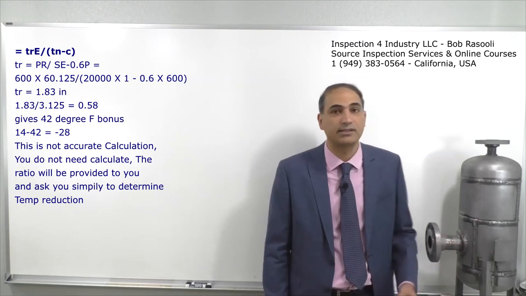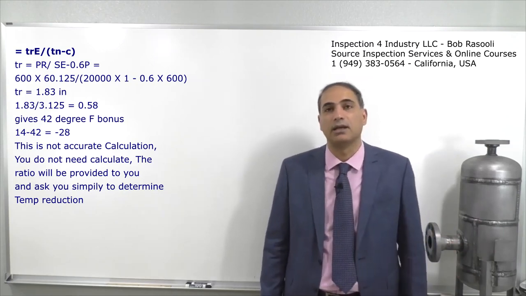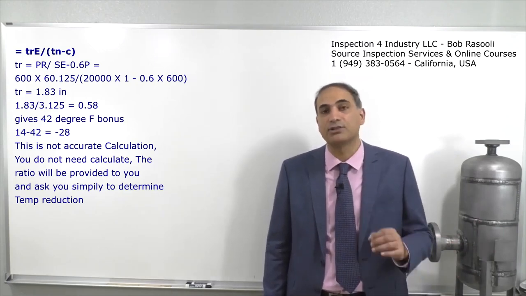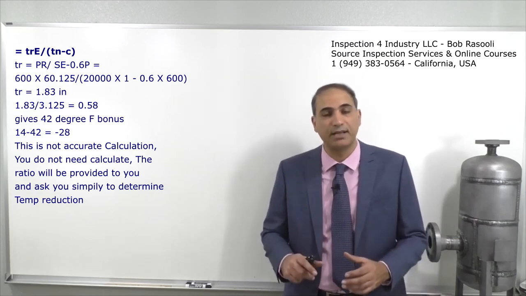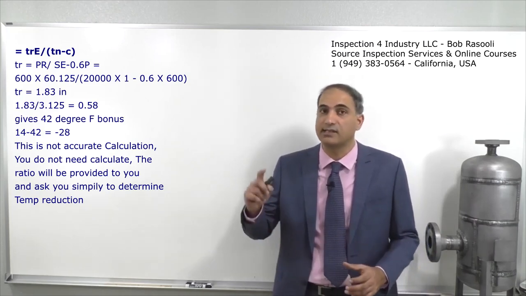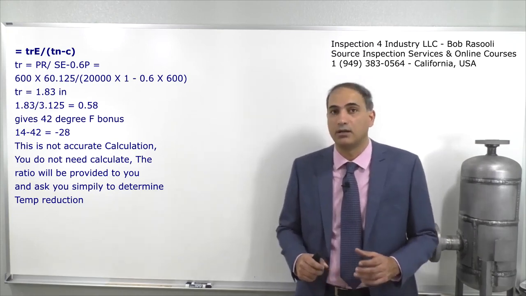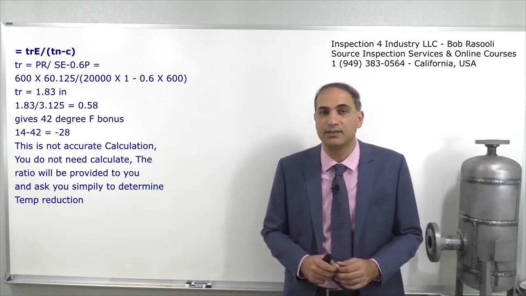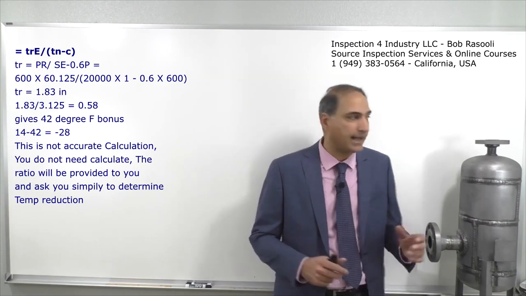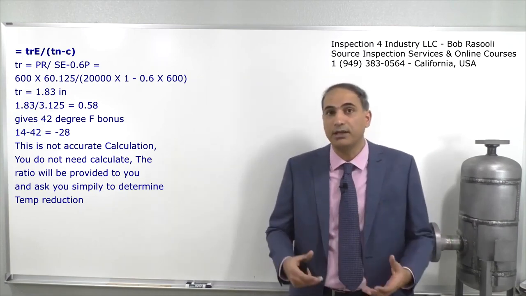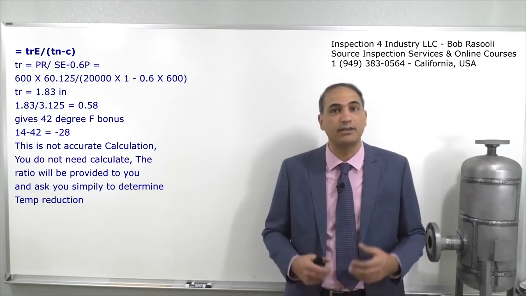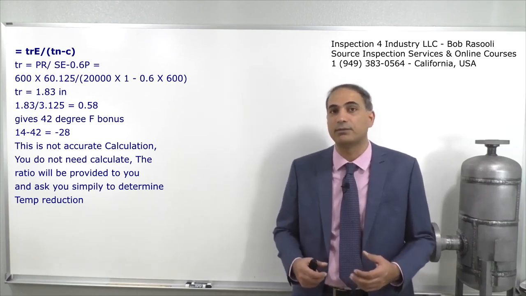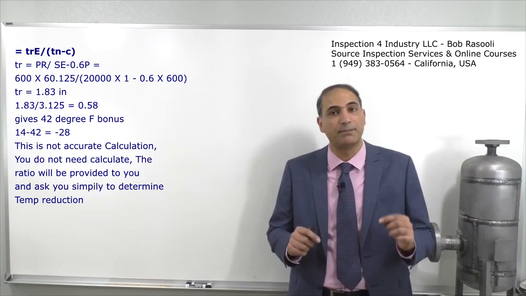Our allowable stress is 20,000 psi. So 18,100 psi was the allowable stress at 700 degrees Fahrenheit, which we read from ASME Section II Part D. But at room temperature or minus 30 degrees Fahrenheit, our allowable stress is going to be 20,000 psi.